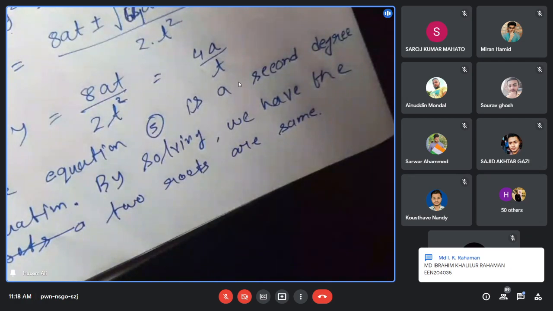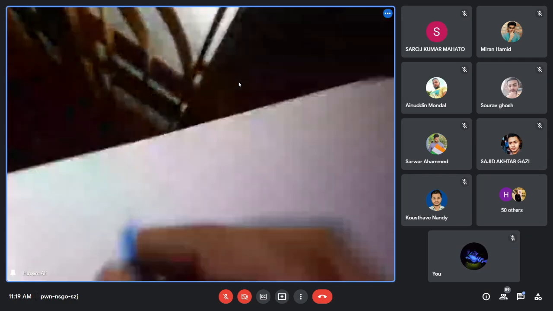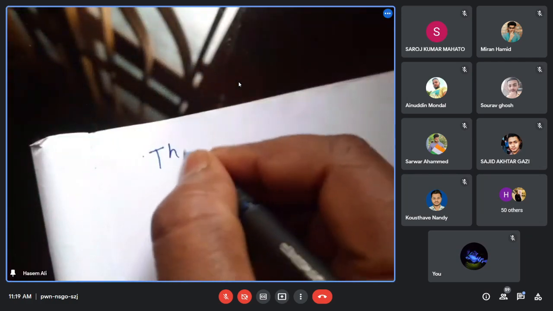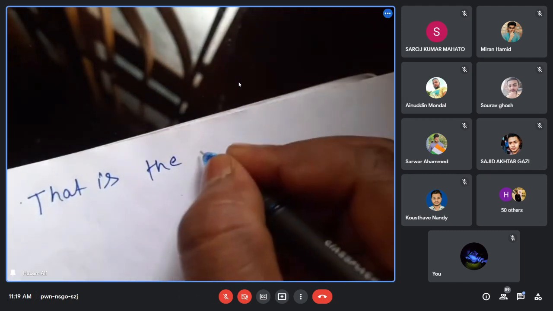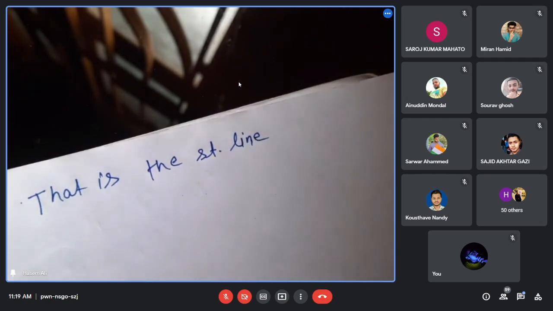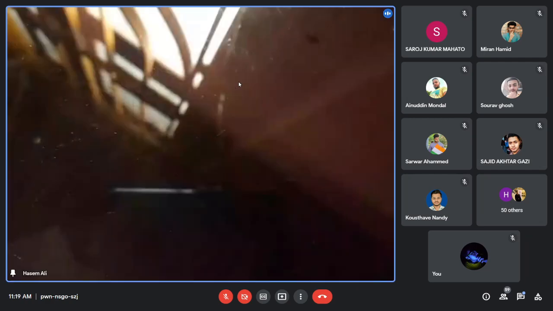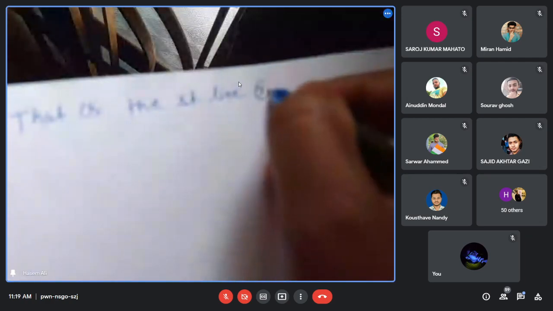The two roots are same. That means two roots same means that is the straight line, which is straight line 3.